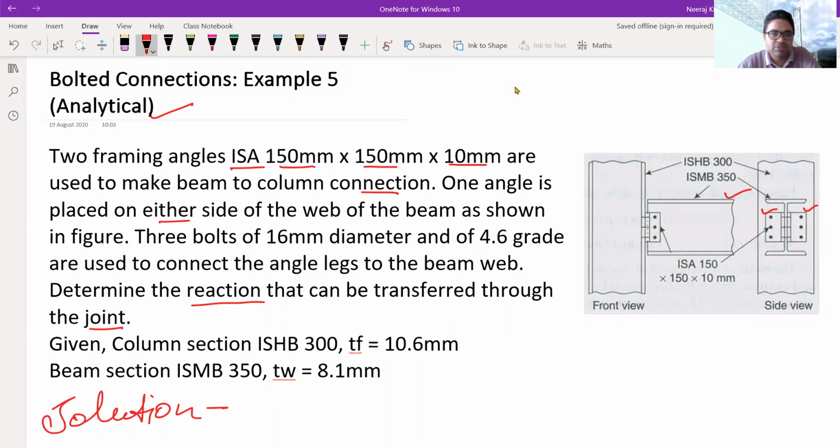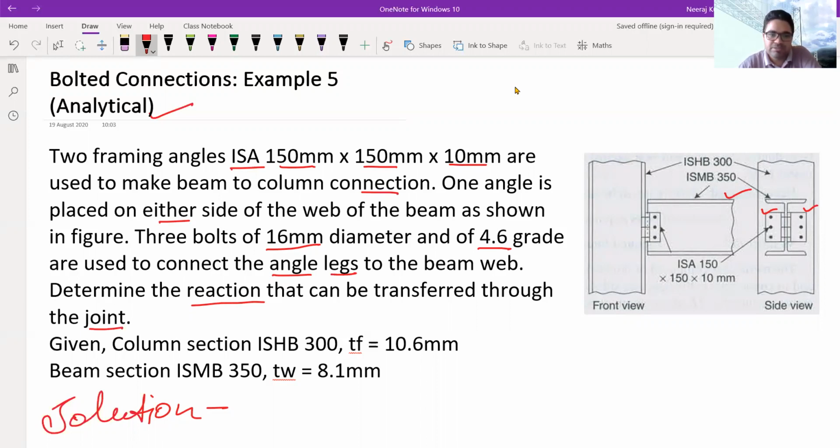It says three bolts of 16 mm diameter and of grade 4.6 are used to connect the angle legs to the beam web, and we need to determine the reaction that can be transferred through this joint.